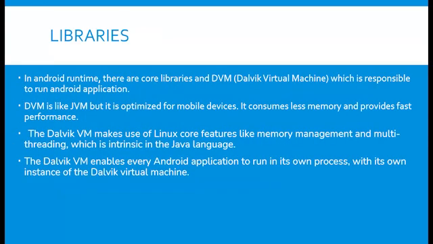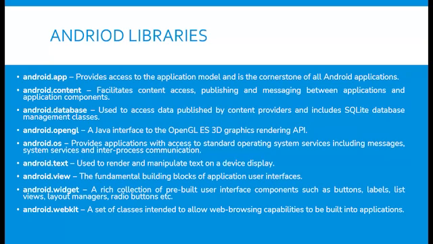Next, the Android runtime consists of the Dalvik VM. We have discussed the Dalvik virtual machine; it is like a Java virtual machine and is used for running Android applications. Next, the Android libraries. We will use these libraries in our programs to design the apps.